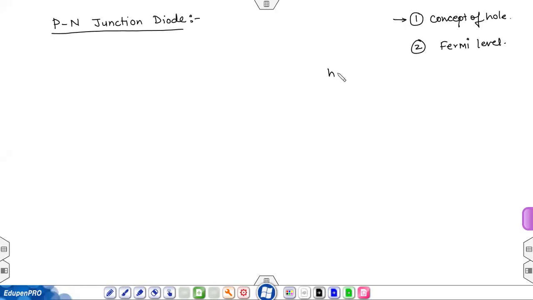What is a hole? A hole is basically an absence of an electron. If the electron is not present, it's an empty state, so we call this a hole.